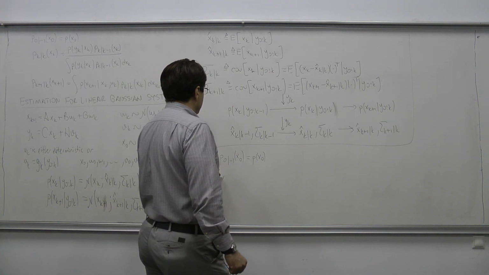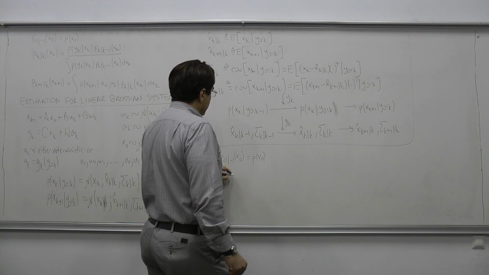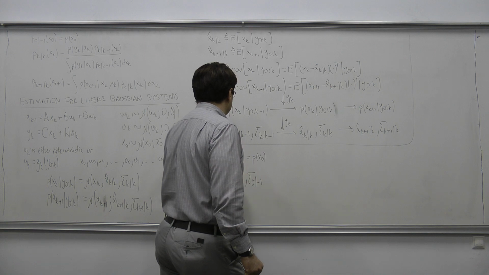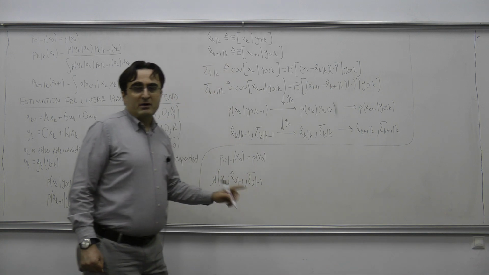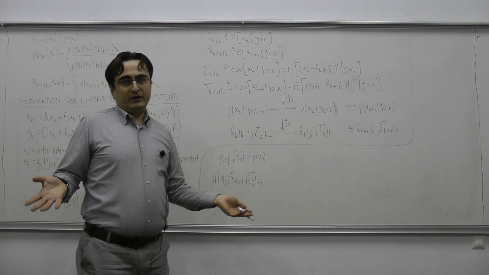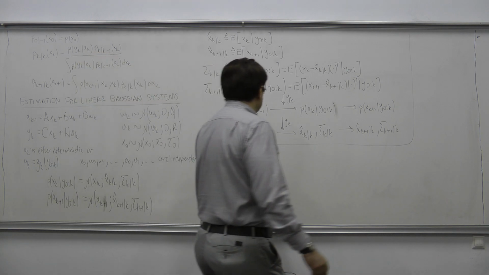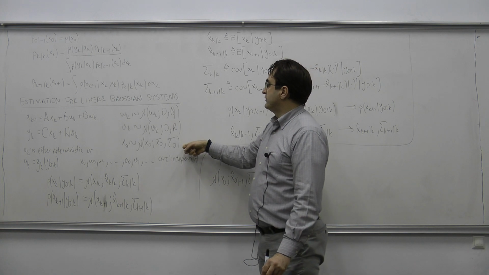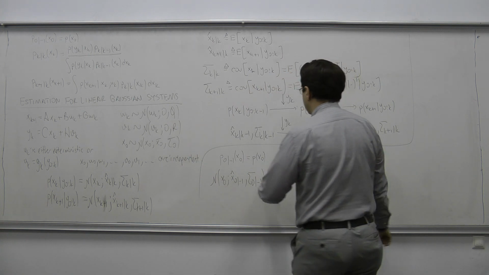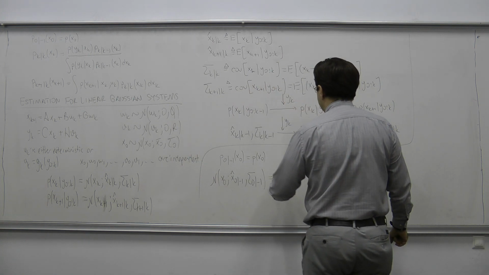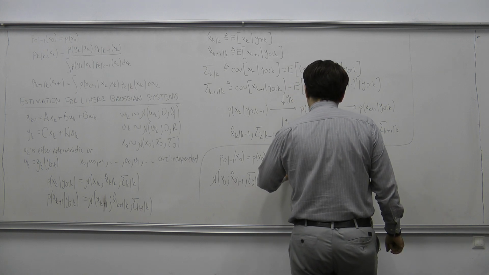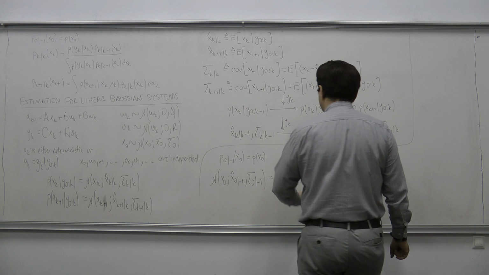So I have normal x0 given -1 and sigma 0 given -1. Remember that given -1 means that we're given nothing, okay? So this has to be equal to P of x0, which is this distribution here. So I need to equate these Gaussian distributions, and this makes x0 bar and sigma 0.